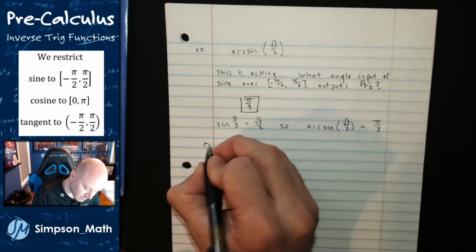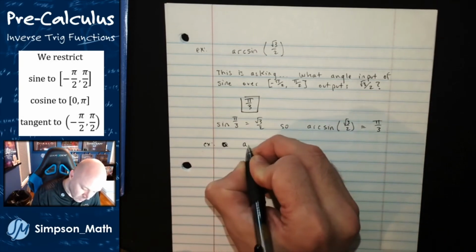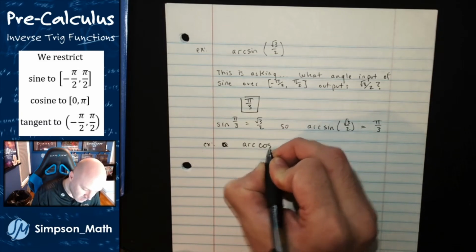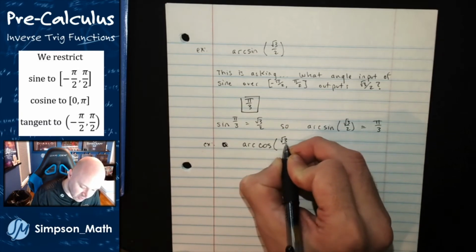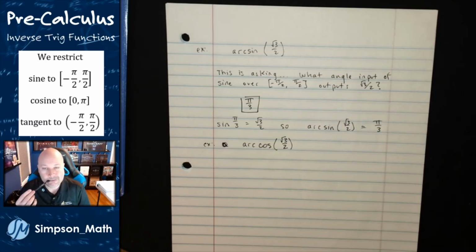Let's do it again. What is arccosine of that same value, root 3 over 2? So what angle input of cosine over its restriction 0 to pi outputs root 3 over 2?